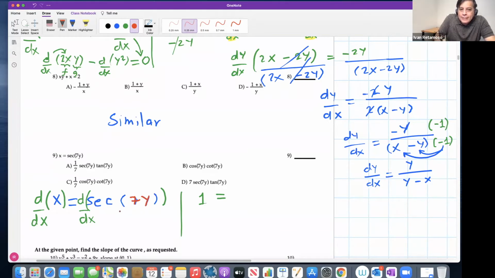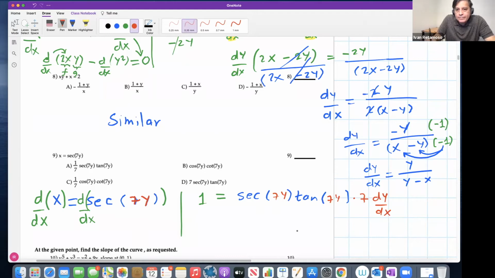Derivative of secant is secant times tangent, but since this is a composite function, you have to keep the inside function times the derivative of the inside function. The derivative of the inside function is 7, but since we are taking the derivative with respect to x, we have to attach dy/dx.